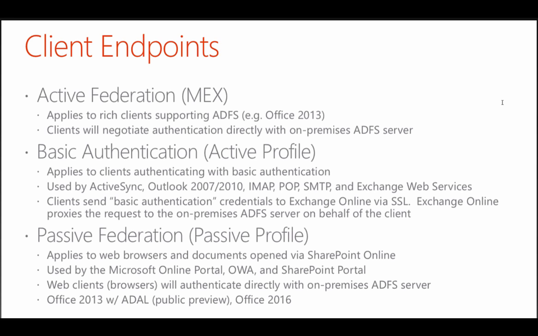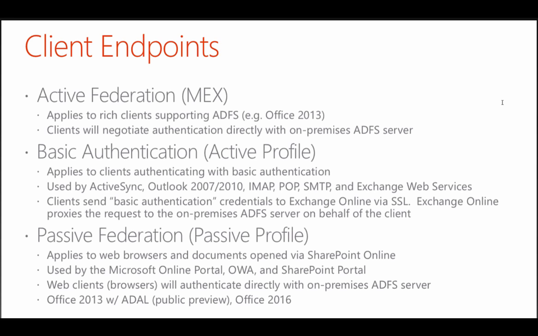And then we have passive federation. Passive federation applies to web browsers, documents open via SharePoint Online, additionally Office 2016, as well as Office 2013 with a new public preview patch that's available, which brings them into a passive federation consideration. This is a very similar scenario to active federation, where the user will go directly to the ADFS servers to log in.